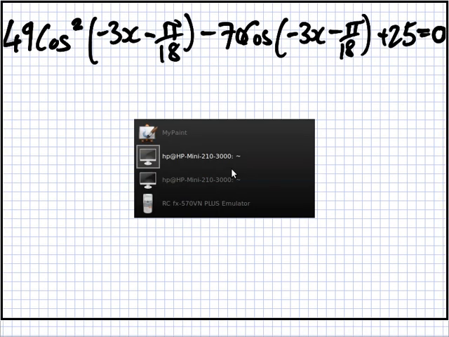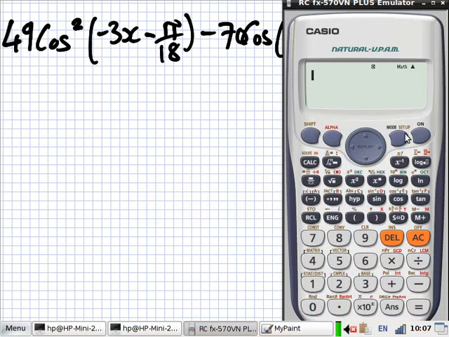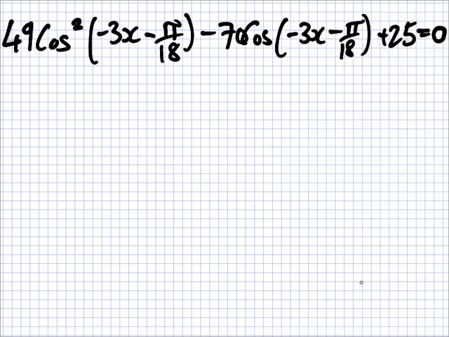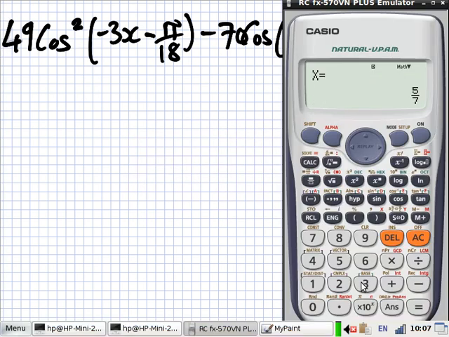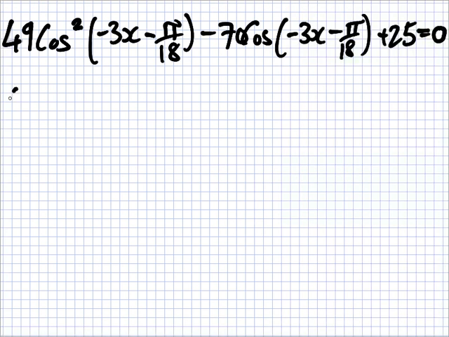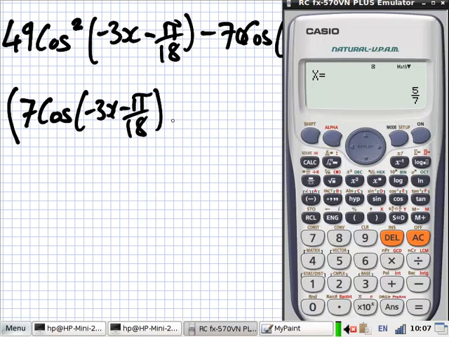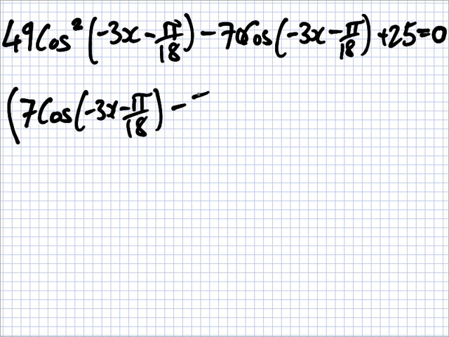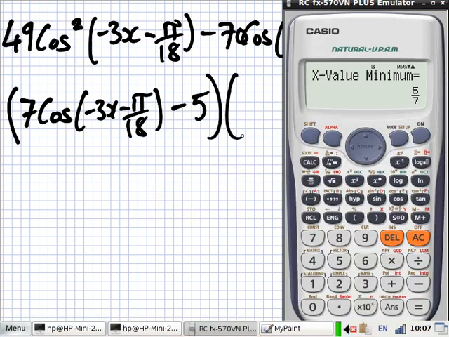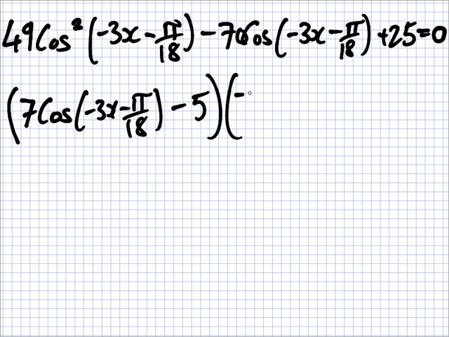Now, I'll be a lazy pig here and just use my calculator. 49, minus 70, 25. So the first factor will be 7 cos of minus 3x minus pi over 18, minus 5. And then the second factor is, they're both the same factor, aren't they? Oh, that's nice.